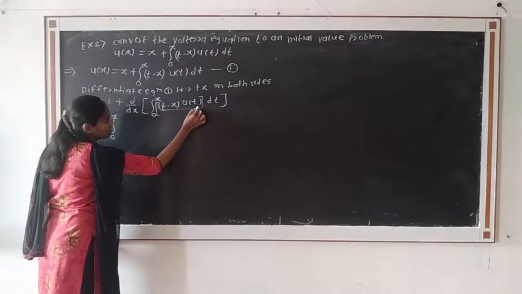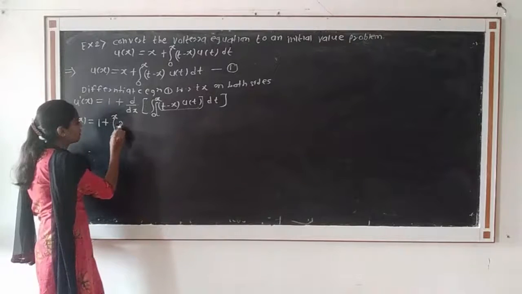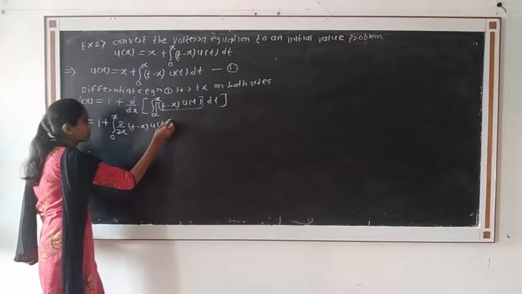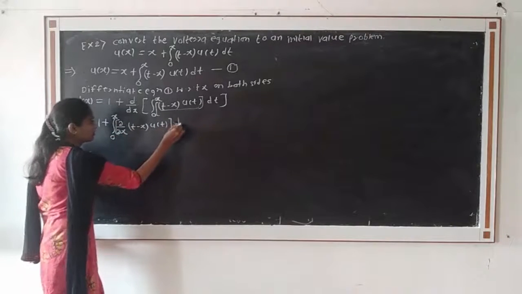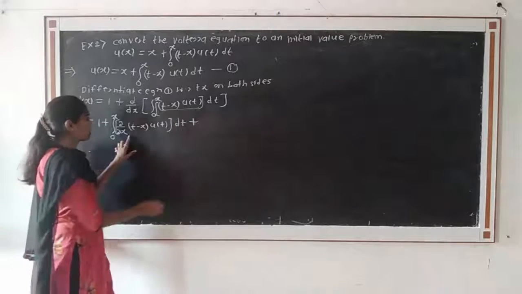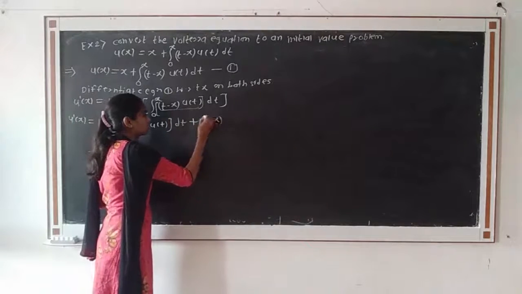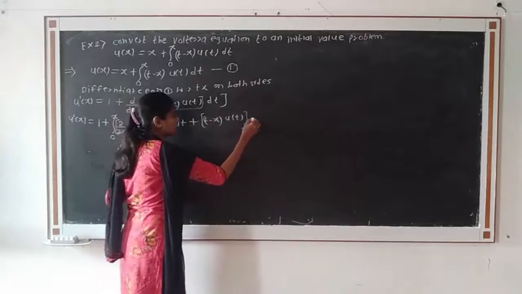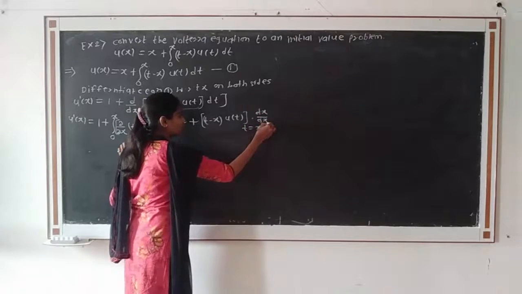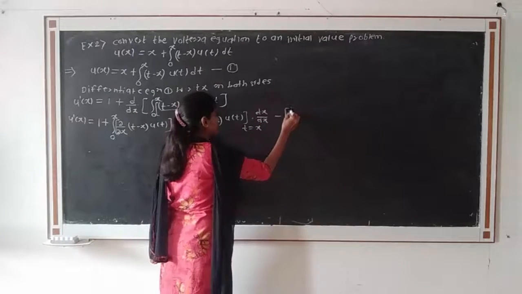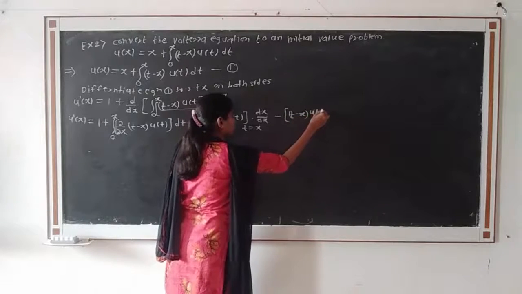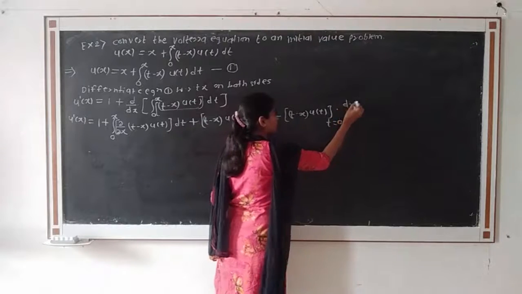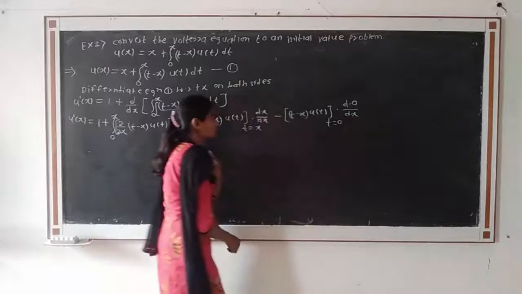We have to partially differentiate this function with respect to x, that is del by del x of (t minus x) into u of t, into dt, plus (t minus x) into u of t at t is equal to x, times the derivative of x with respect to x, minus (t minus x) into u of t at t is equal to 0, times the derivative of 0 with respect to x.